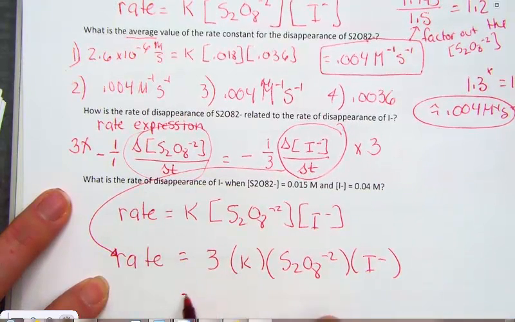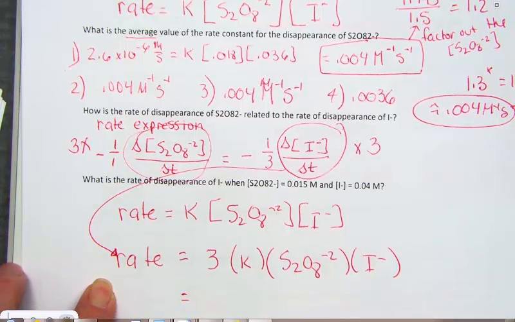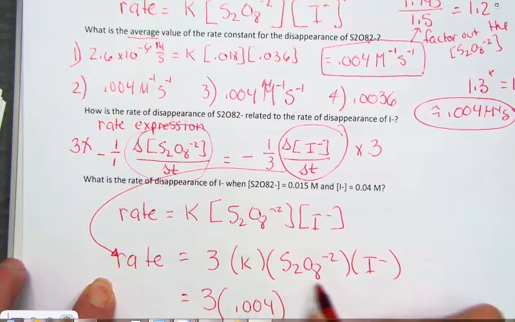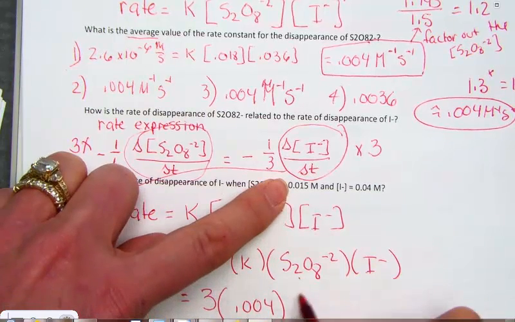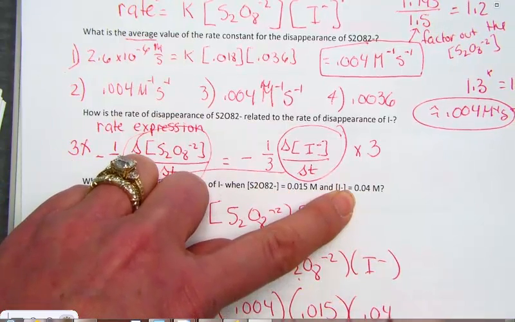So here's what we know. We want to calculate the rate. The k constant, 0.004. S2O8 2-, 0.015. I-, 0.04.